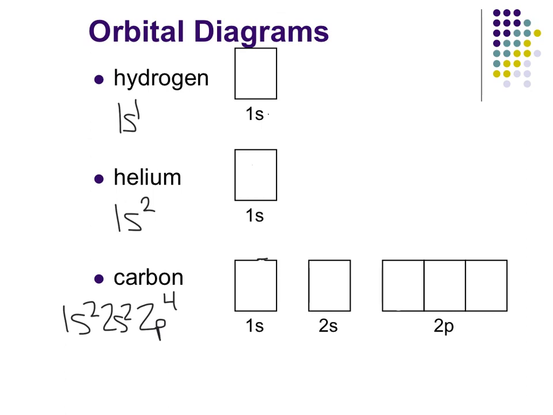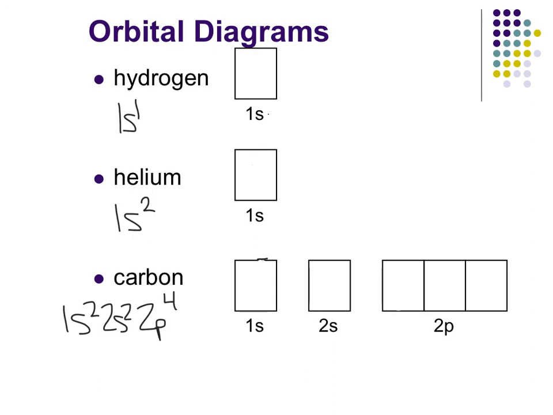How many boxes do you think would come in a set for d? Or how about for f? There would be 5 boxes for d and 7 boxes for f. So you have to know the electron configuration first so that you can draw the right number of boxes.